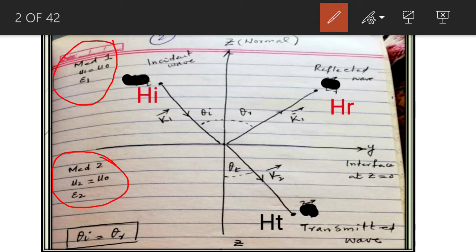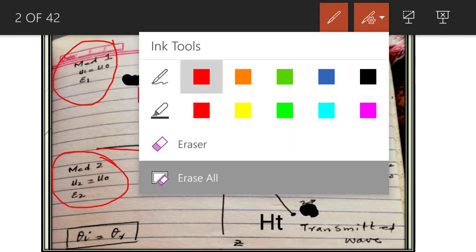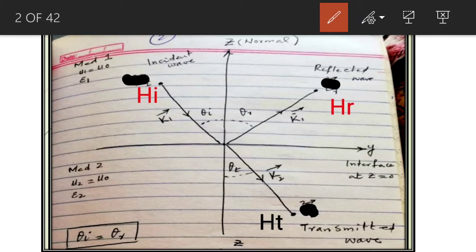And here is the interface between medium number 1 and medium number 2. This is a plane boundary between medium number 1 and medium number 2, and this plane boundary is located in the z is equal to 0 plane.